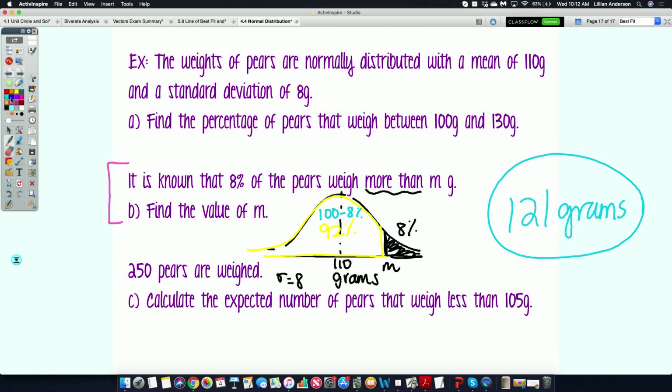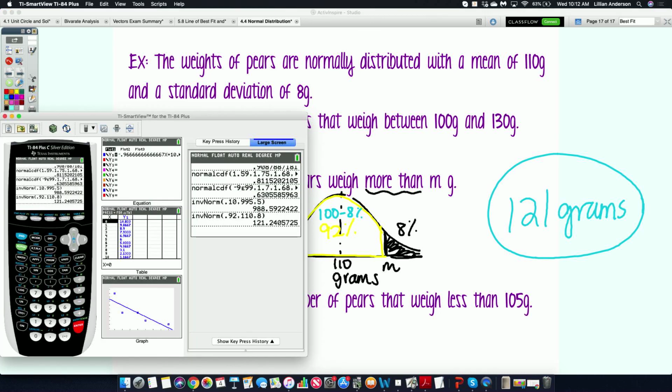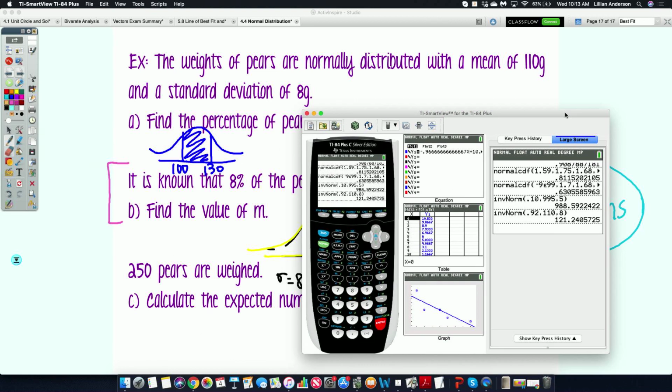So to finish off this problem real quick, it asks us to find the percentage of pears that weigh between 100 and 130. If I look at the normal distribution curve, 100 would be here, 130 would be here, and I'm looking for everything in between. Because I'm looking for a percentage, I'm going to be using normal CDF.